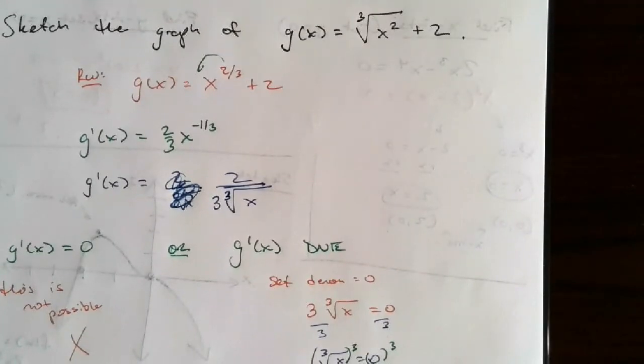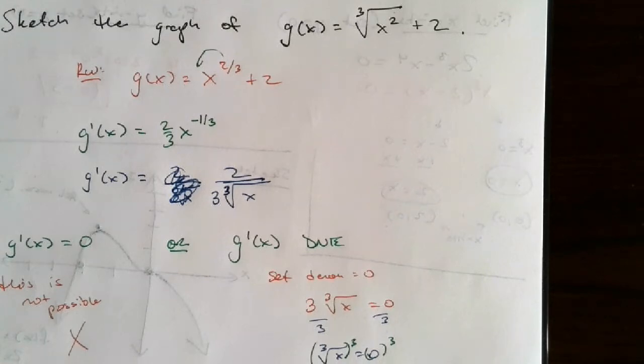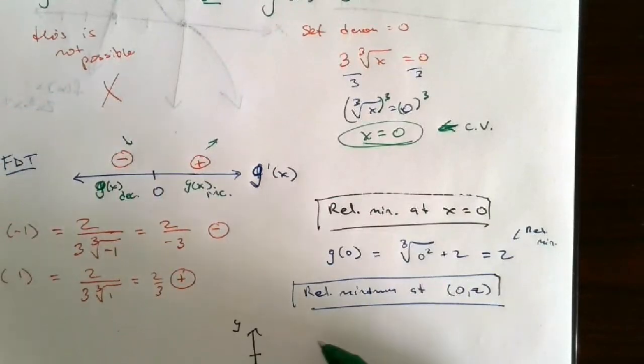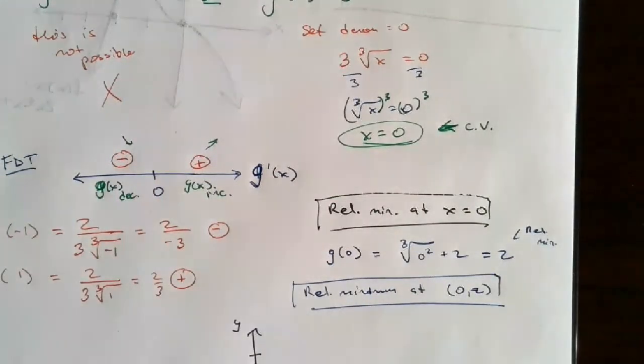If I was looking for x and y-intercepts, to find x-intercepts, it's not going to happen because if this is decreasing until you hit the minimum and then increasing, you're going to be going downward to here and then upward after it. You're never going to hit the x-axis. So you could try to find x-intercepts by setting y equal to 0, but there wouldn't be any. The y-intercept, you're already on the y-axis, so you already have that part down.